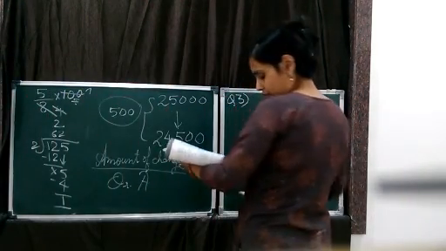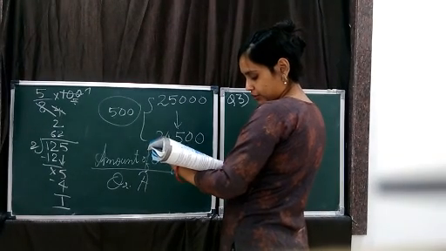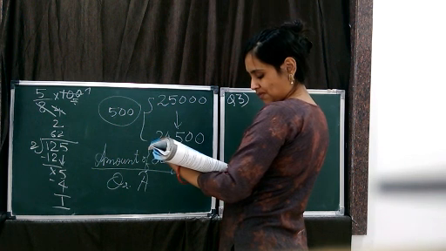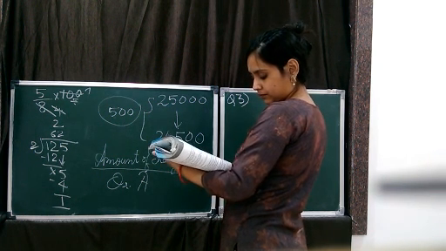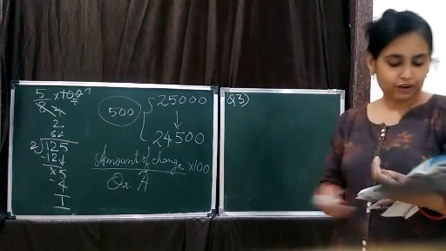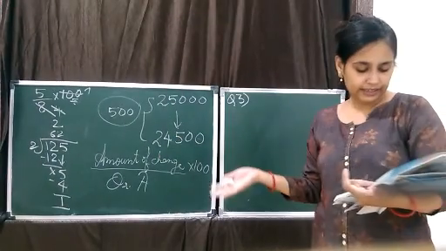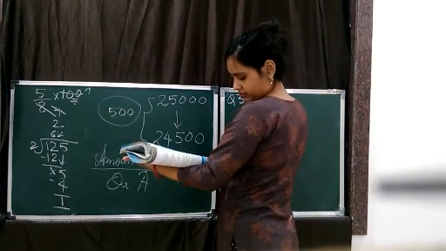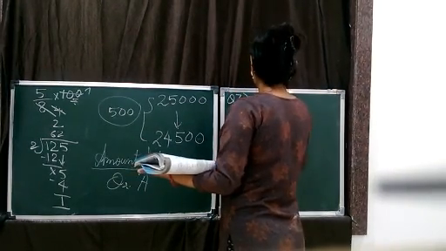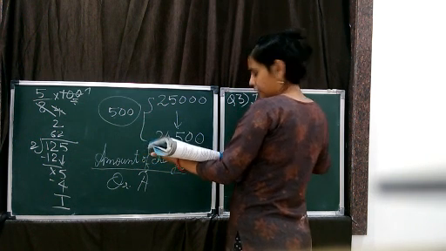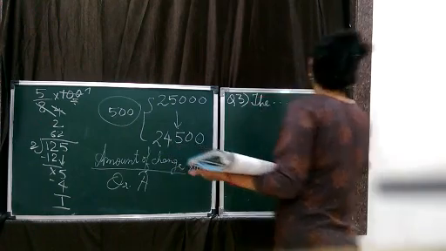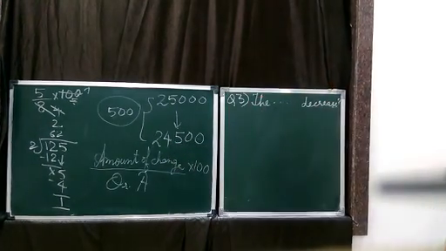Okay. So let's write the population of the city. We write from the original and then the decreased.